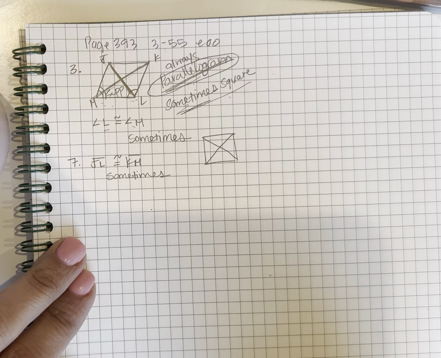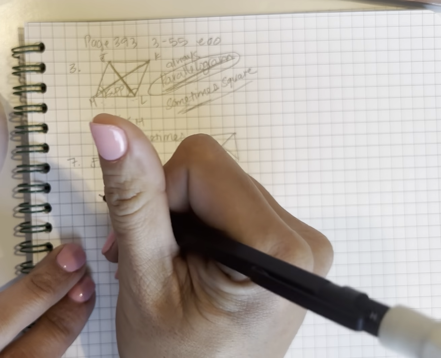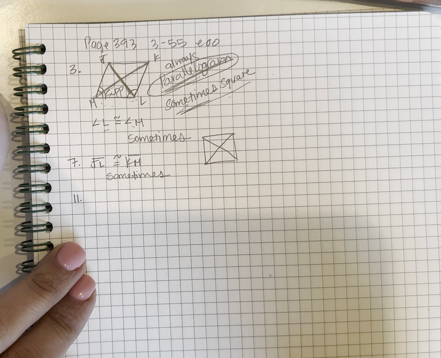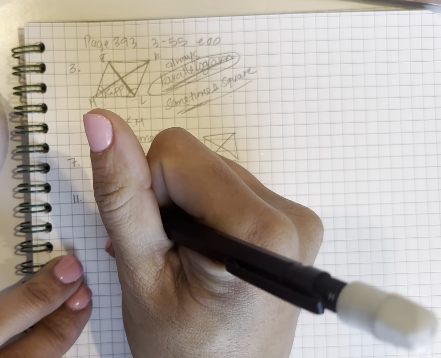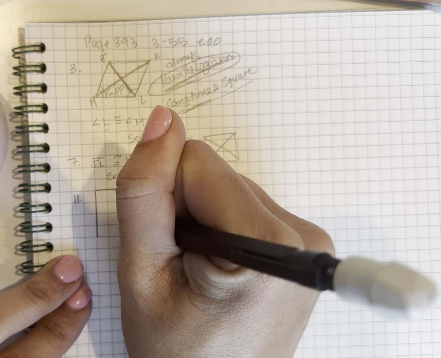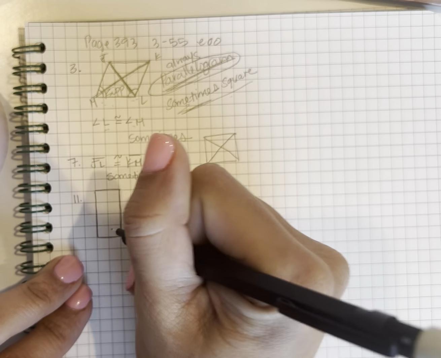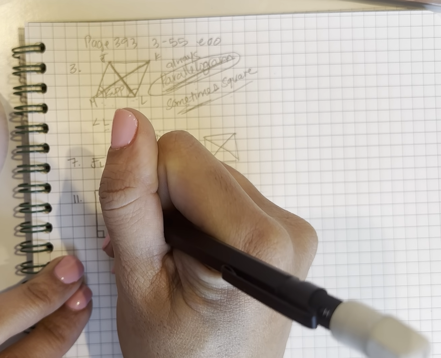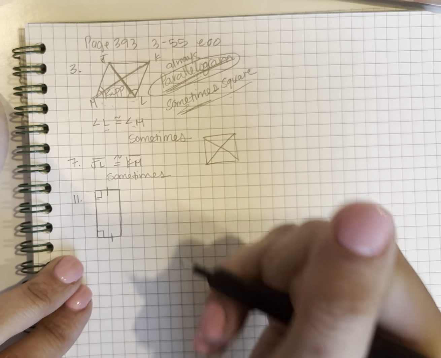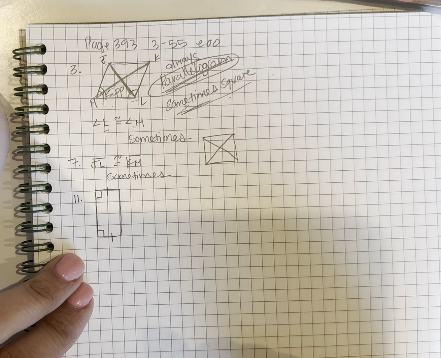Okay, now number 9 I'll skip and go to 11. 11, classify the quadrilateral and explain your reasoning. So they've got like a door or something, and then this is the diagram that they've got drawn, and I have these markings and these right here, and that's all that they have told me.